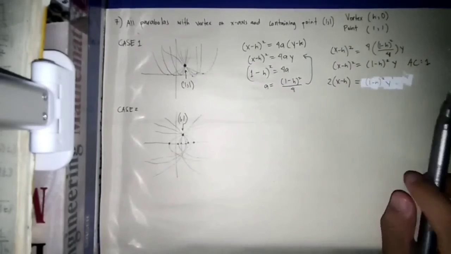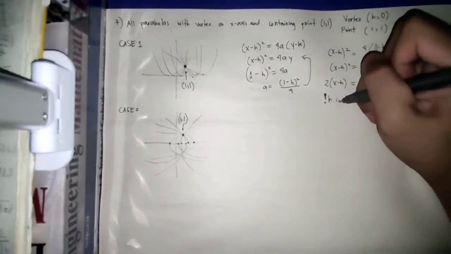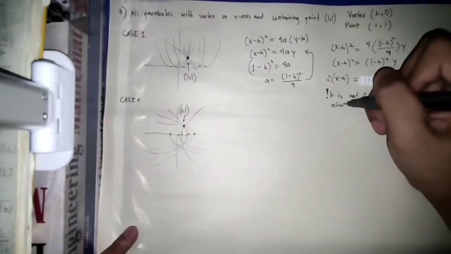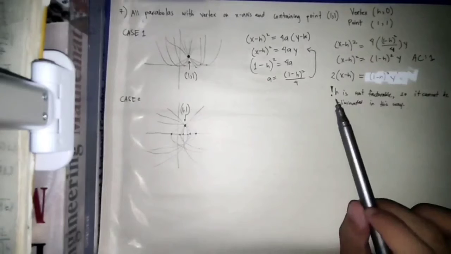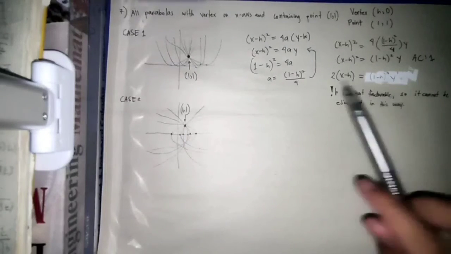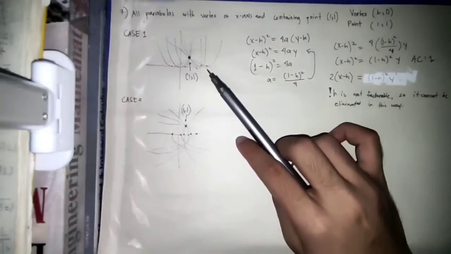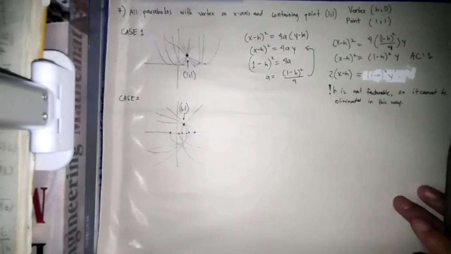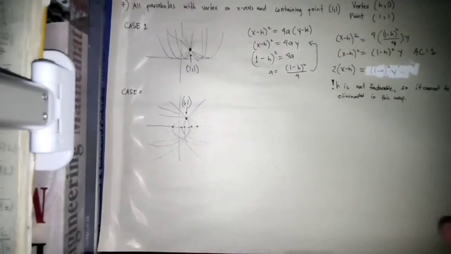Therefore, we cannot eliminate the constant. H is not factorable, so it cannot be eliminated in this way. So if we cannot eliminate the constant, therefore this convention, whereas the parabolas are opening upwards, will not be useful in giving us a differential equation. So let's try case number 2.